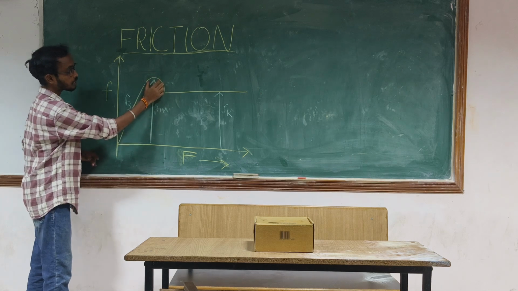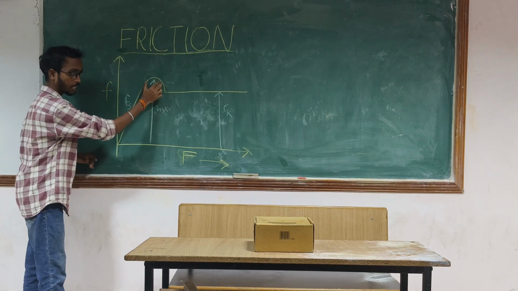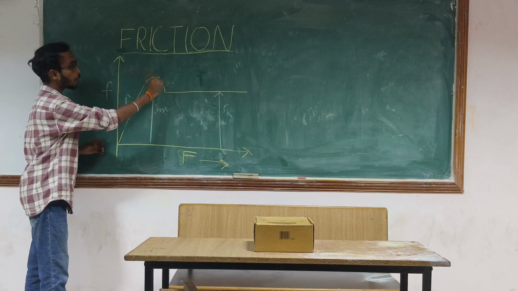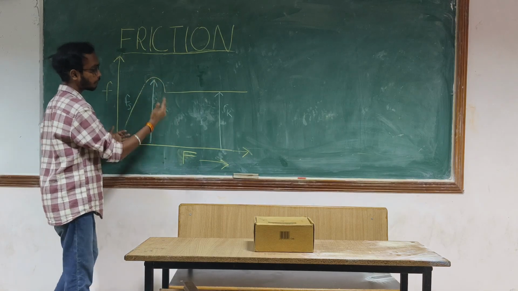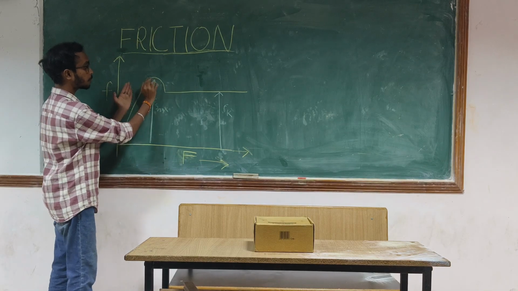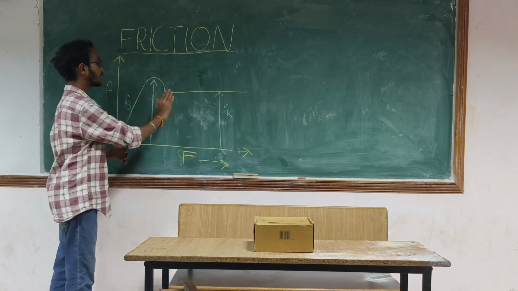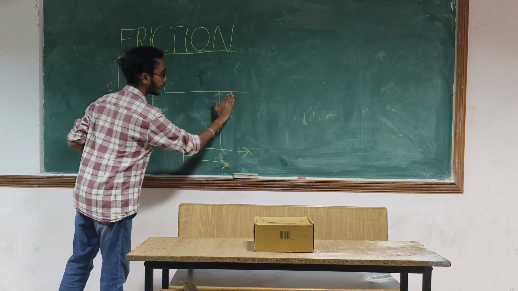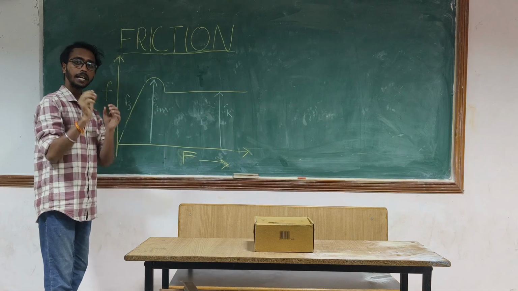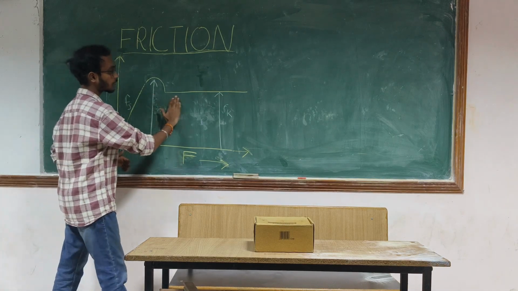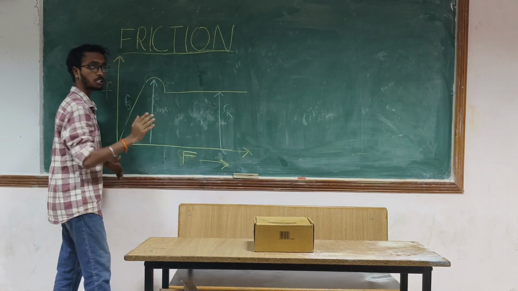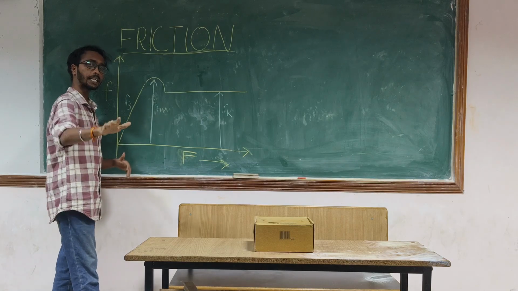But when it reaches the maximum static friction, it is about to start moving. After it crosses the maximum static friction, it maintains a straight line. In kinetic friction, the force is constant throughout the motion.